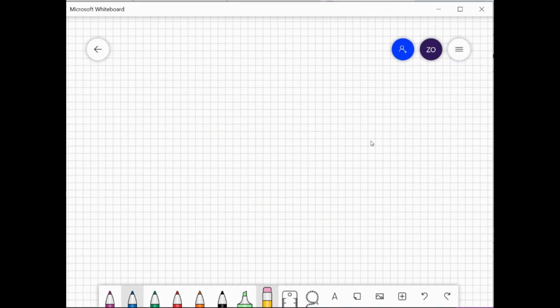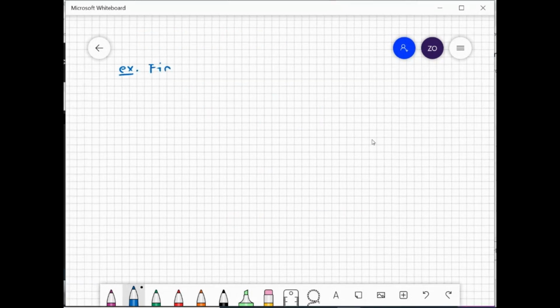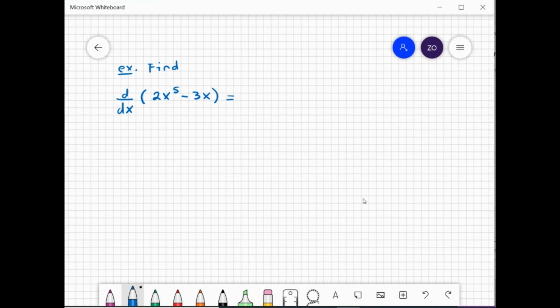So let's see another example. Let's find the derivative of a polynomial. Let's do it in steps. First, realize that we have two terms, so we can just apply the difference rule.